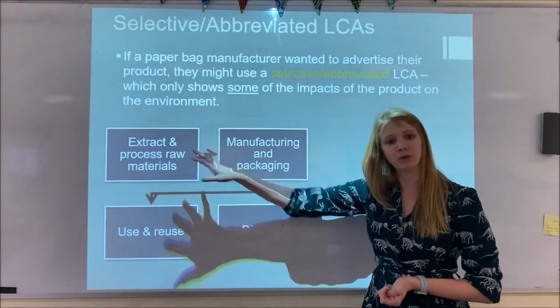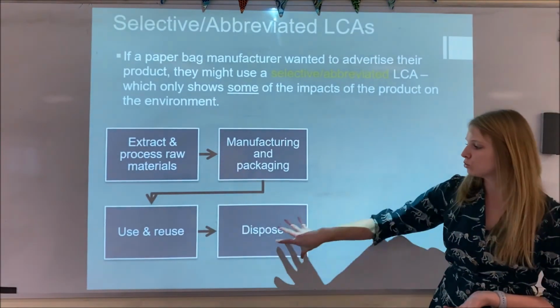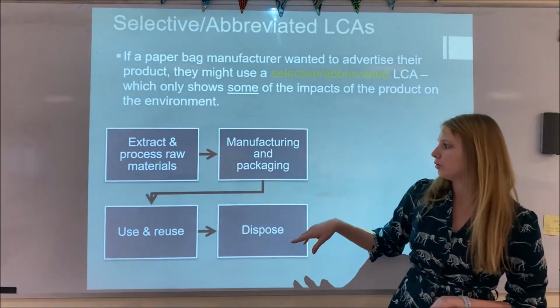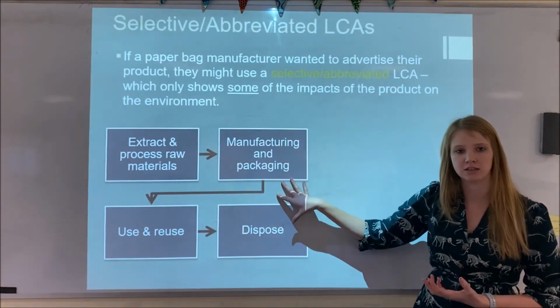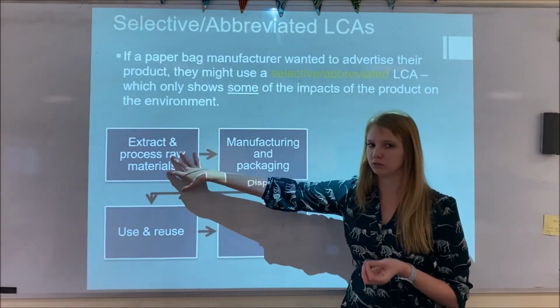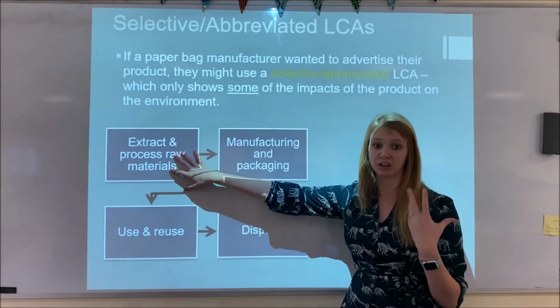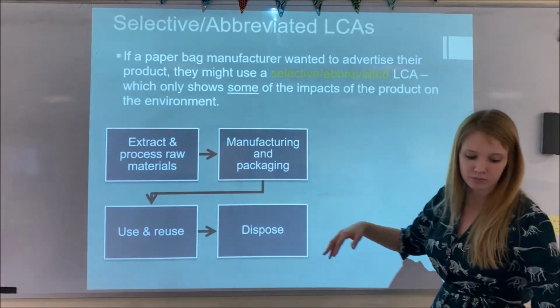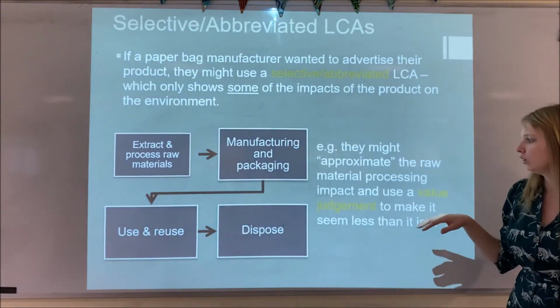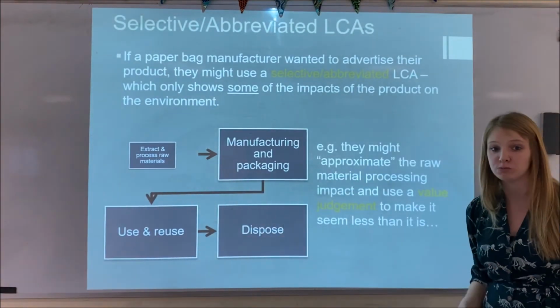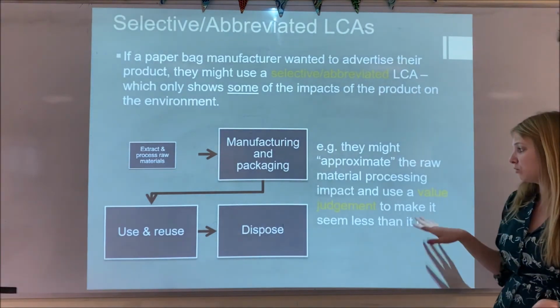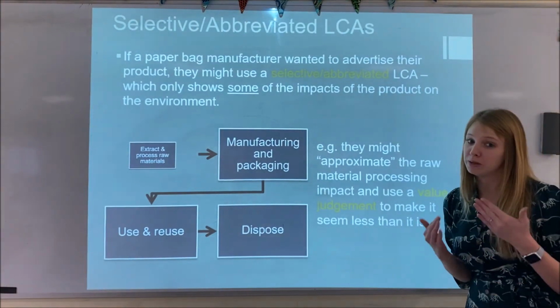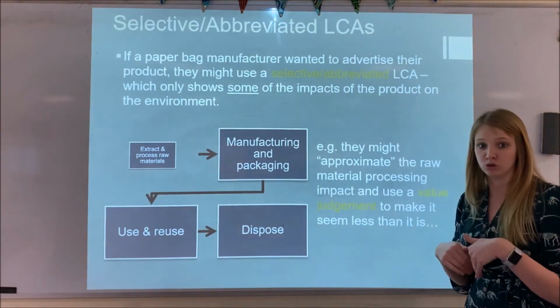So if you were advertising a paper bag, you would talk all about disposal and packaging, but you would not really want to advertise the fact that you were having to use lots of wood and it was giving you lots of waste. So you might give an approximation of the materials, and you might give a value judgment that was a bit more biased towards your product.